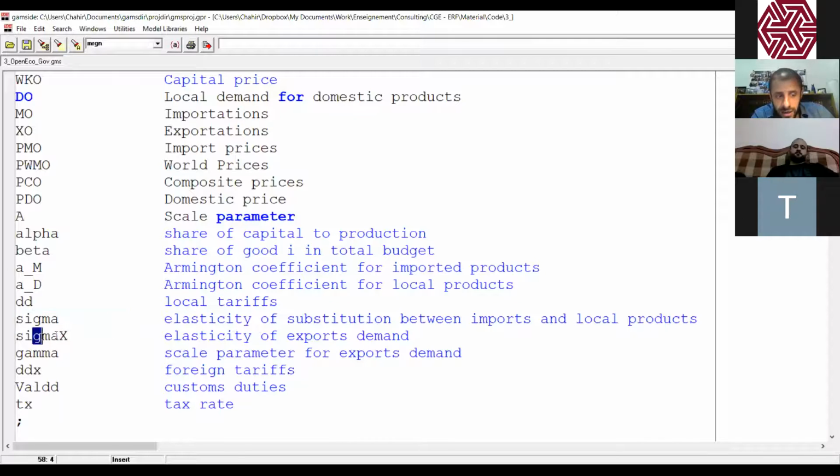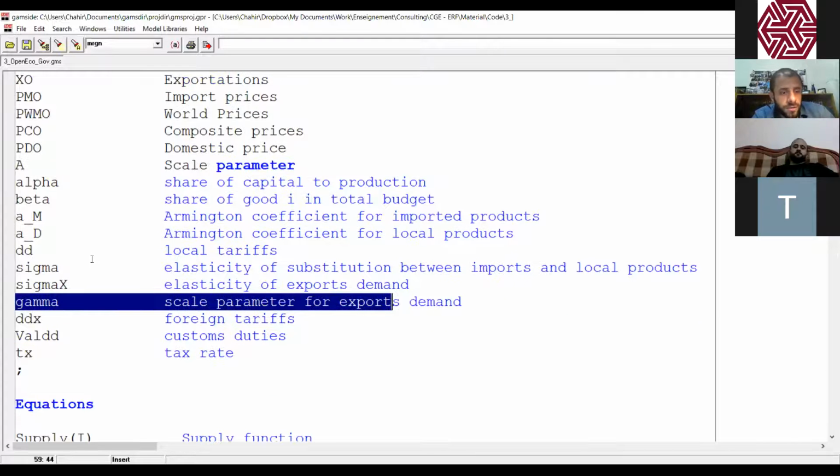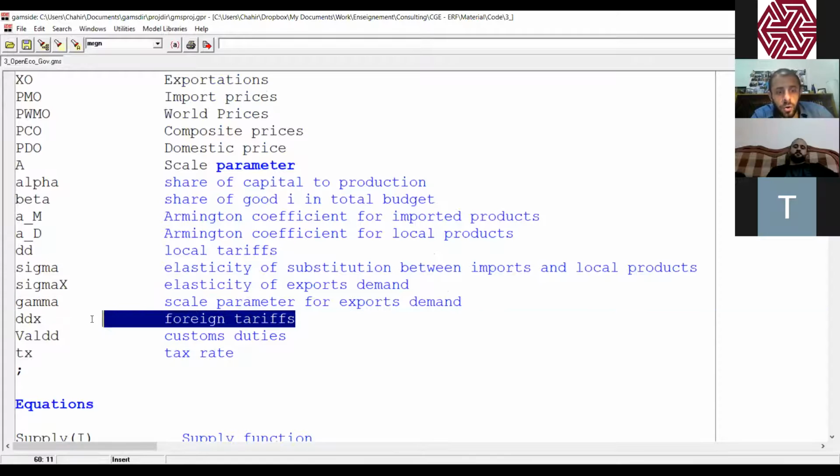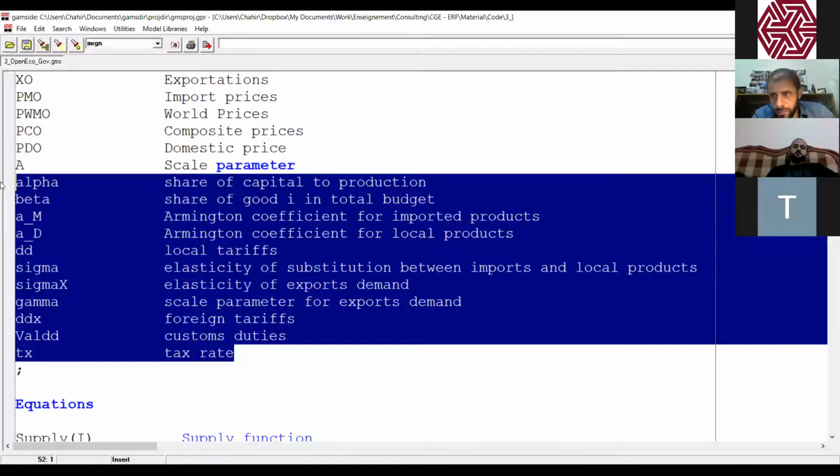We have the elasticity of exports demand, sigma X, that we were just talking about. We have the scale parameter of exports demand, that was the gamma in my exports demand function. We have the foreign tariffs or any additional cost that we have. Customs duties, which is the value of tariffs multiplied by imports, and the tax rate that is imposed by the government. So here, those are the new parameters that we have in the model.